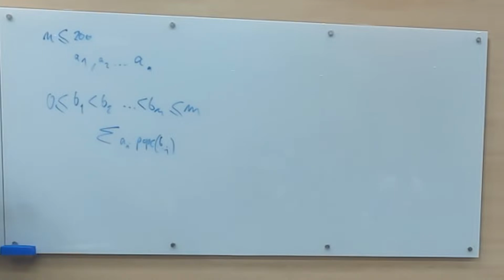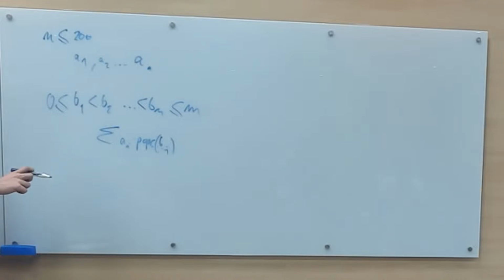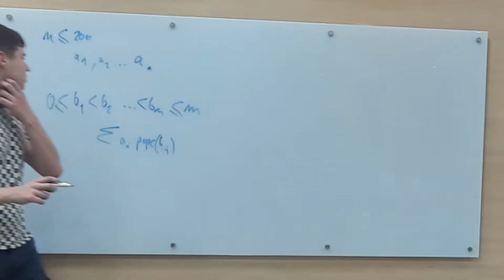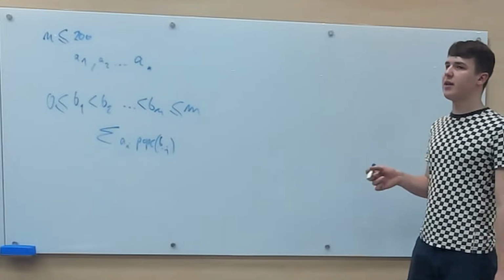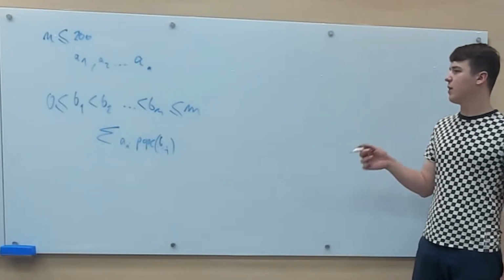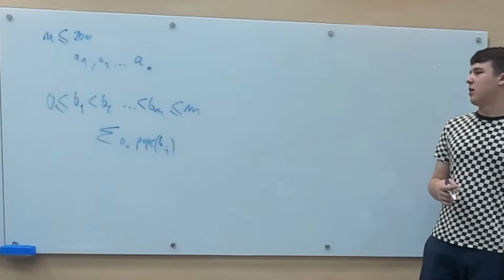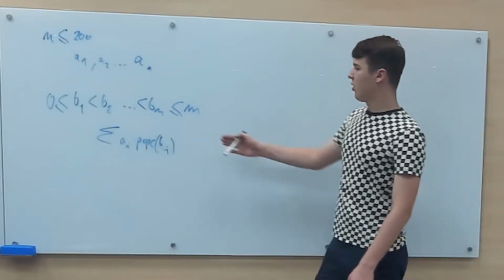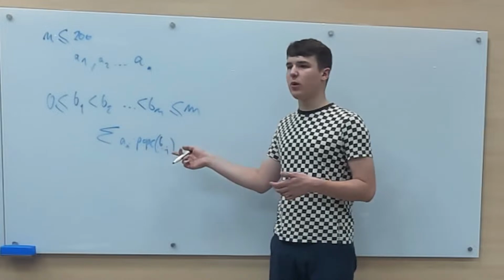So our first observation here is, let's think about this sequence b. It's a strictly increasing sequence, and here we are dealing with bits of this sequence.